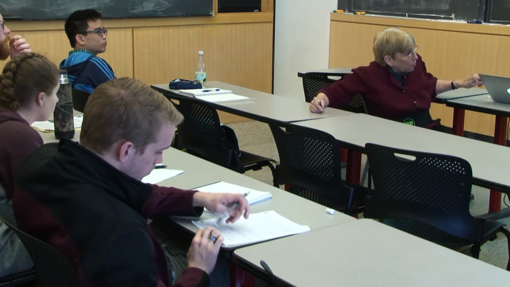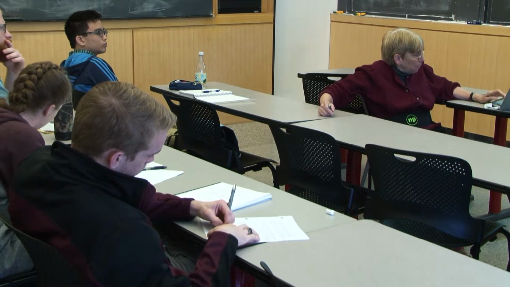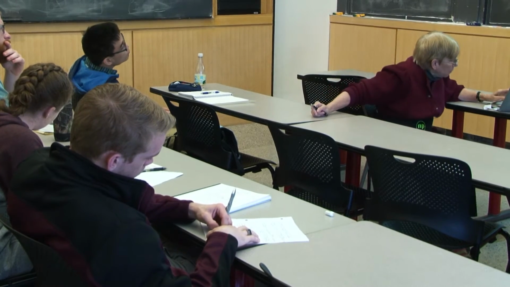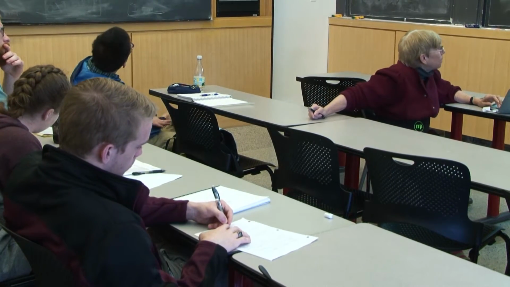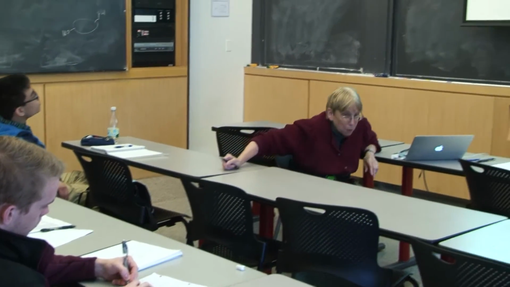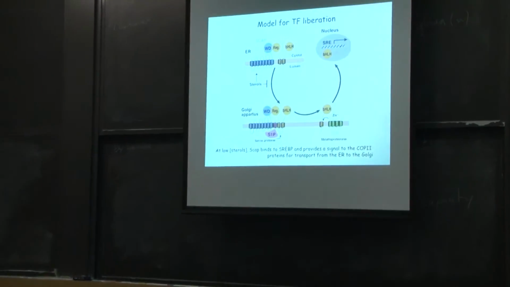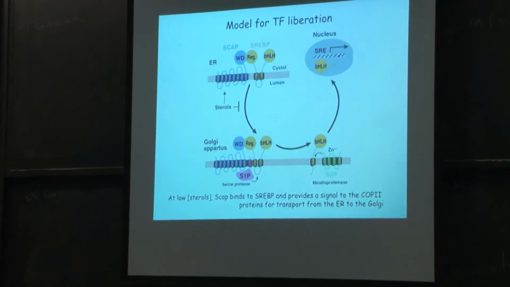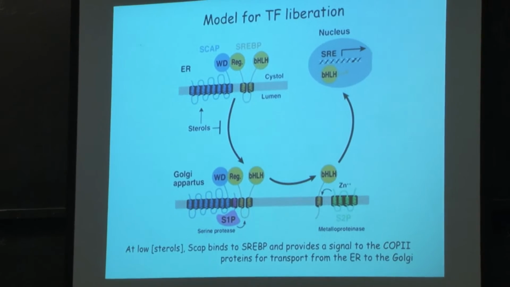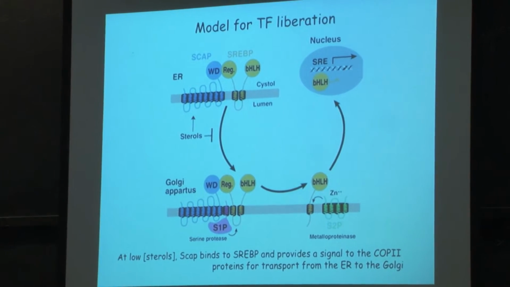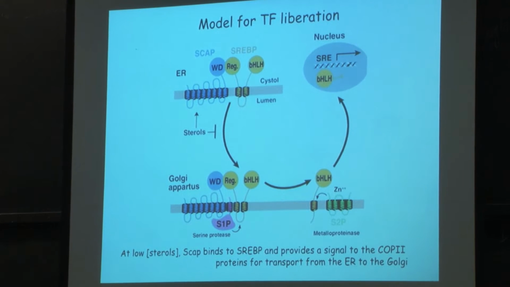So if you go back and you look at the model, what happens in this model? What's happening to SREBP? There's a conformational change that exposes the zip code region. Now that's SCAP.